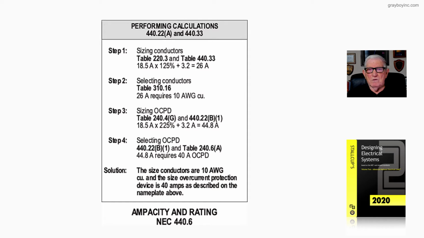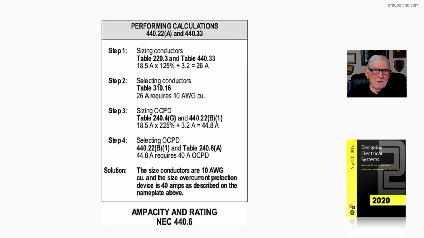440.22A or B of the code, see? But we do have a compressor and we have a motor, so we're going to use basically 440.22B1. Now 225% is a maximum value that we selected here from 440.22B1 and A. And notice 225% of 18.5 plus 3.2 is 44.8.